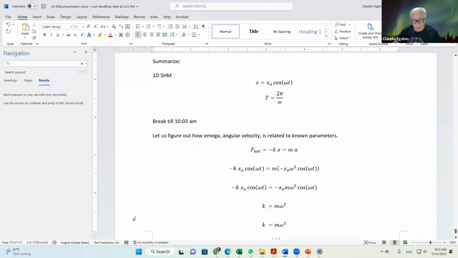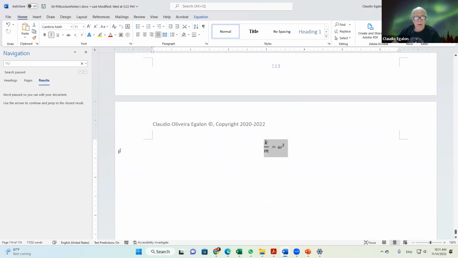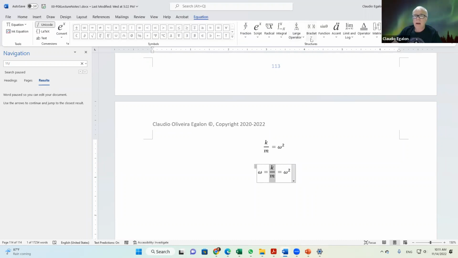We get an expression for omega in terms of the mass of the particle and the stiffness constant of the spring. Let me write down my omega here and put the square root there. And bingo, that's what we get.